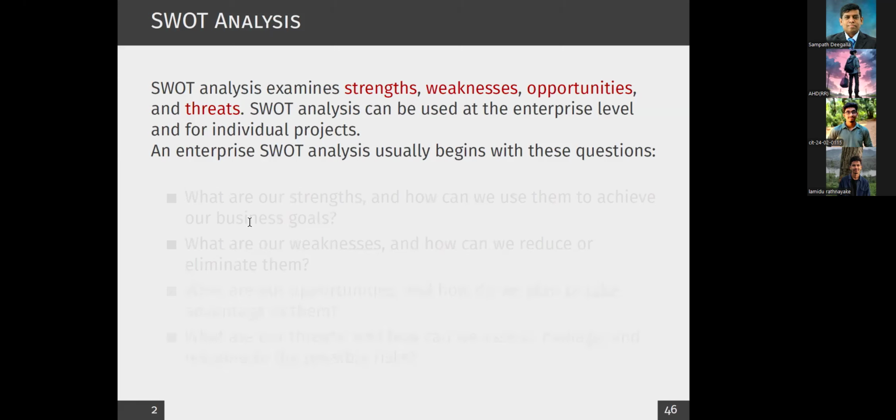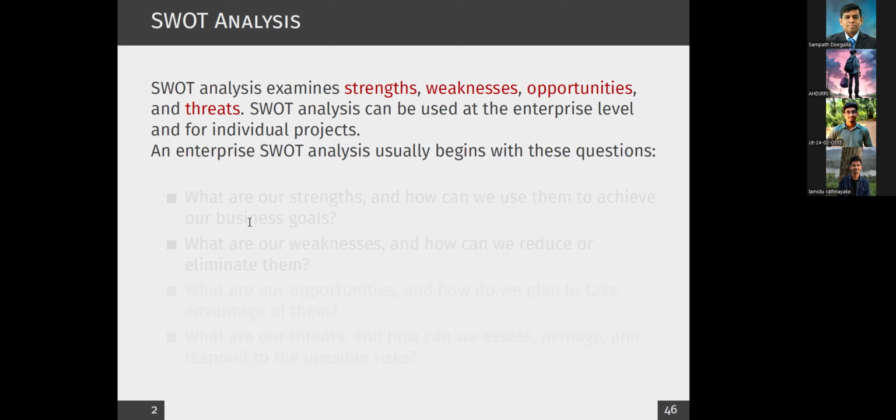We can perform SWOT analysis at various levels: at the enterprise level, which means as a whole, or focused on a particular project.